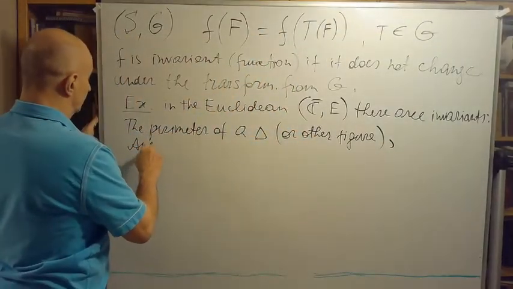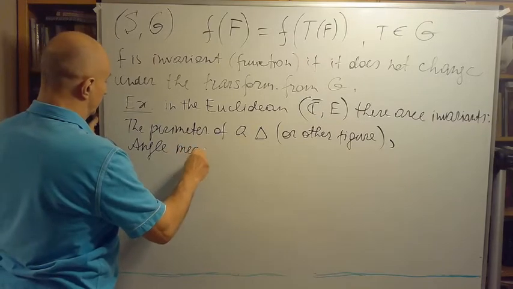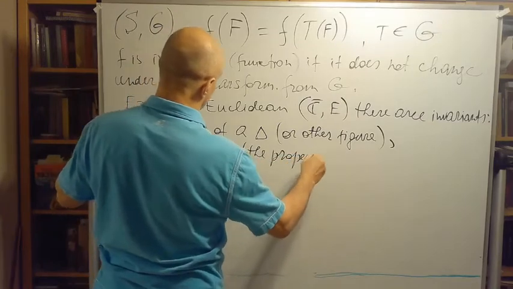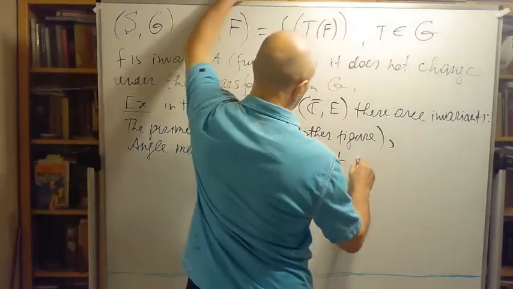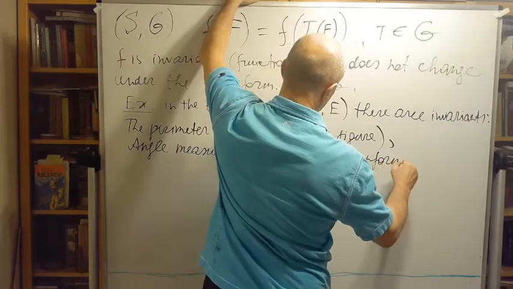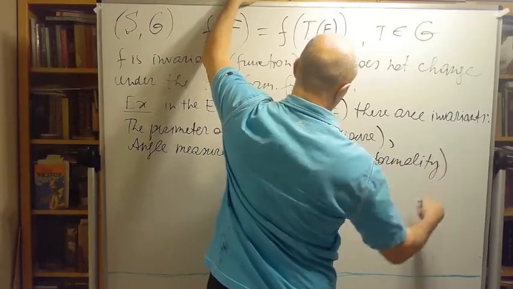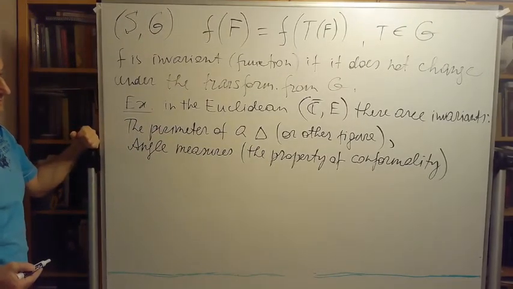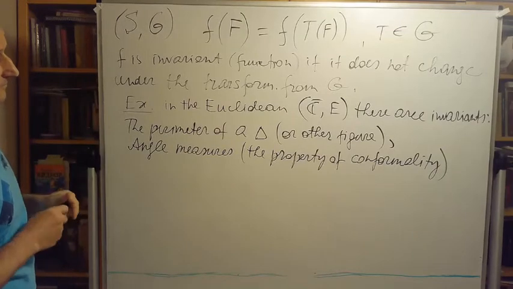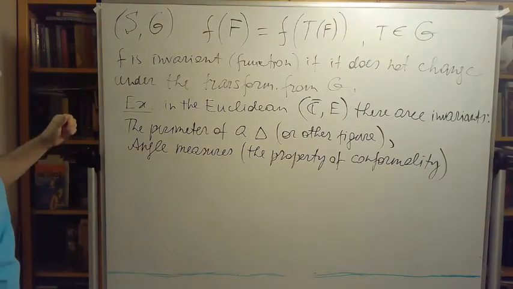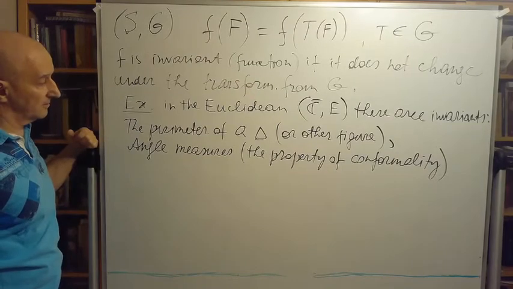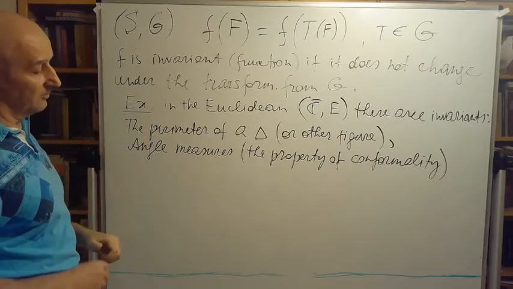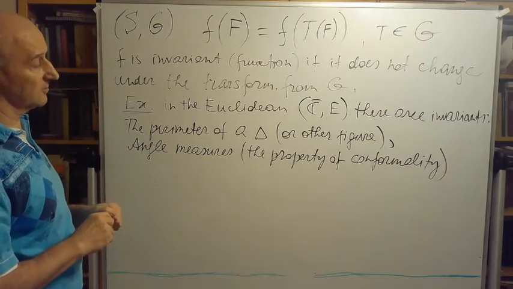Angle measures. The property of conformality. It's very easy to check this property. I am listing these here because it's very easy to check these properties, because they can be checked directly by applying the Euclidean transformations from the Euclidean group.